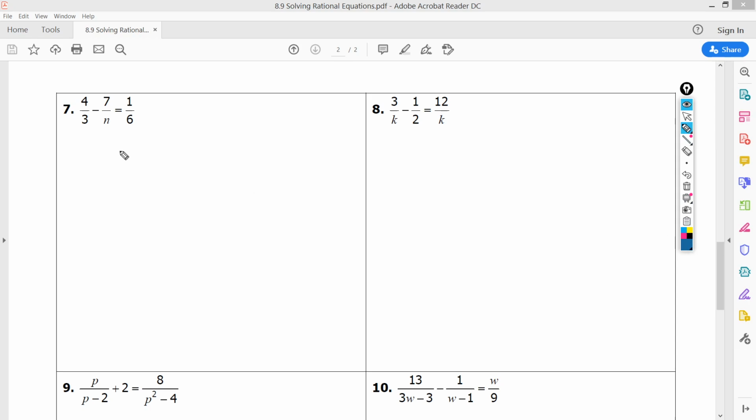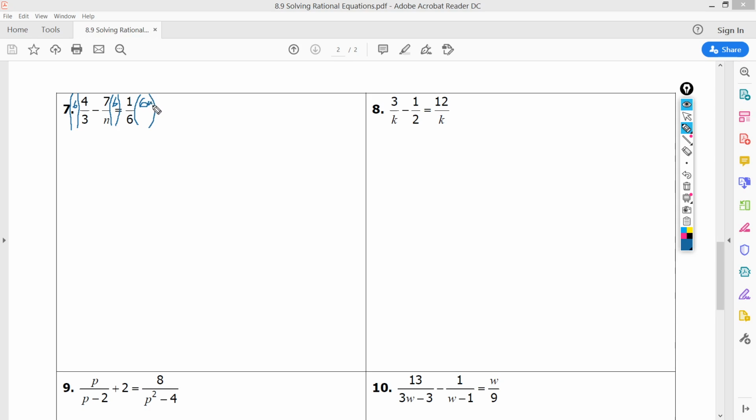So let's get rid of all these fractions. Here are all the fractions. If I multiply everything by 6, I'll get rid of the 3 and the 6. So I'm going to multiply everything by 6. I also need to get rid of the n, so I'm going to multiply everything by n also.